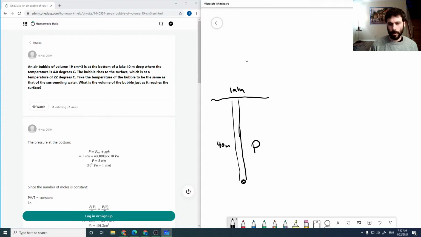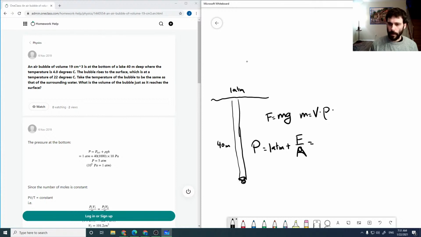So the pressure is going to be 1 atmosphere plus the force over the area. So the area here is, and so we've got the force due to all this water is going to be mg, where m is our volume of water times our rho, so our density of water.